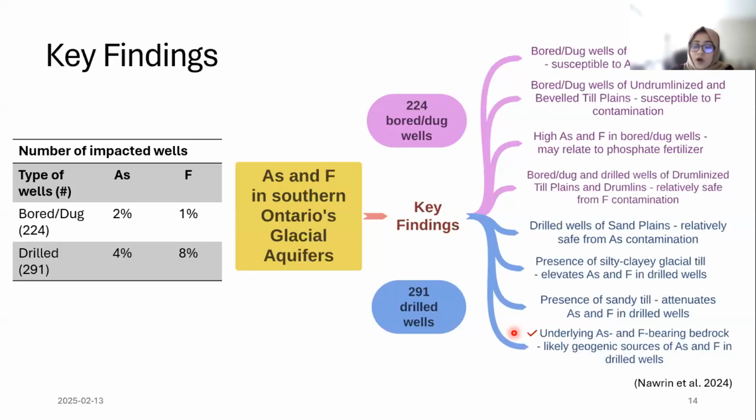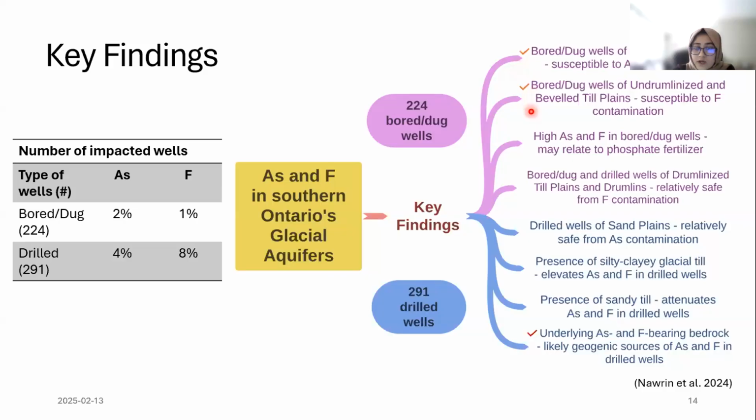In contrast, 4 out of 8 physiographic settings turned out to be influencing factors related to arsenic and fluoride contamination. For instance, both geospatial and statistical analysis suggested that bored or dug wells in Beeville till plain seem to be more susceptible to arsenic contamination.